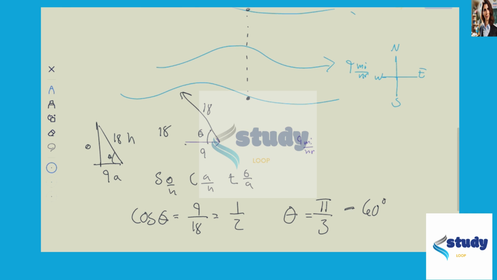All right. Now, that is our angle above west. That is, we're going 60 degrees in that direction.